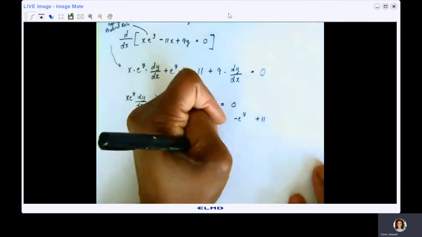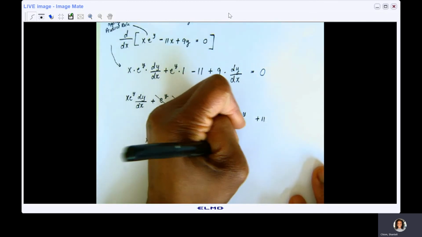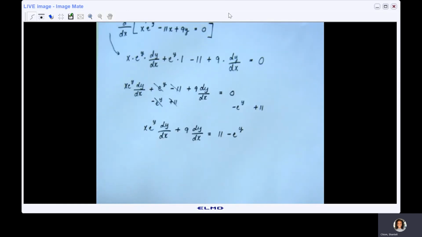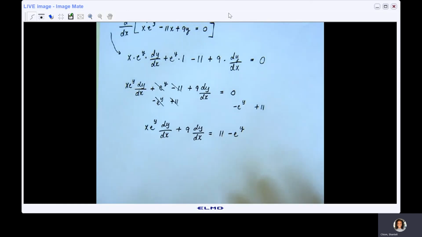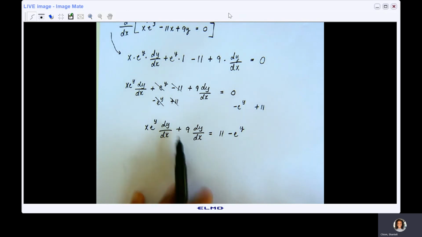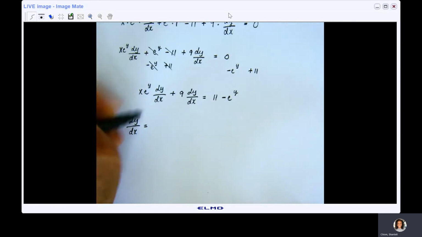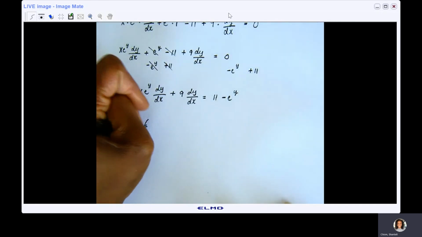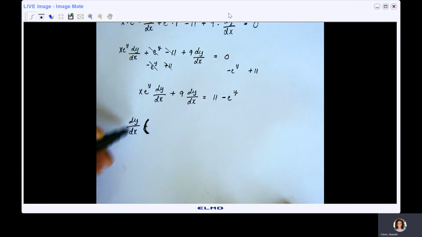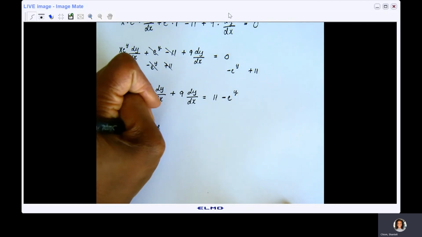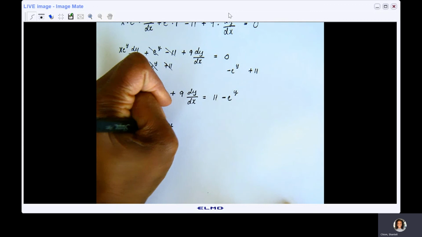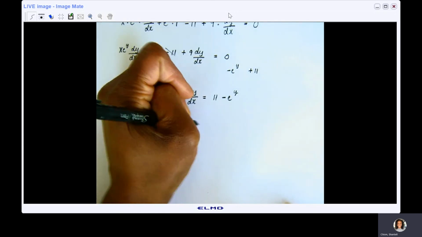And then on this side, I'm going to write the 11 first, since it's positive. So I've got 11 minus e to the y. Pull out your dy over dx. When you factor out dy over dx, that leaves you with x e to the y plus 9.